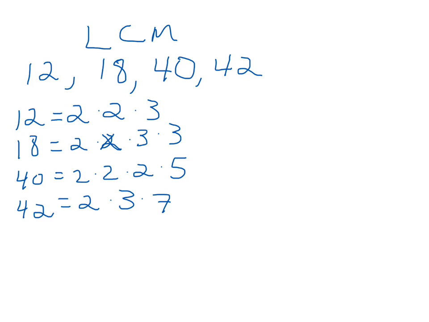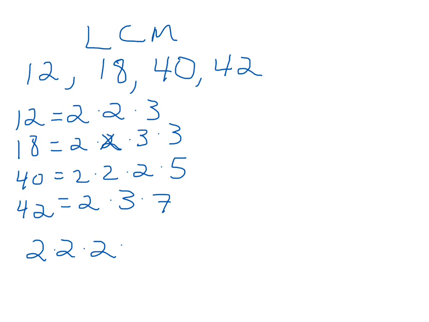Then we look at each prime and see the most number of times it appears in any one of these. The prime 2 appears twice in 12, once in 18, 3 times in 40, and once in 42. So in our least common multiple, we put it 3 times: 2 times 2 times 2. 3 appears once in 12, twice in 18, no times in 40, and once in 42.